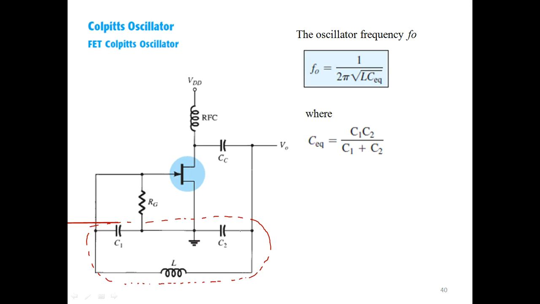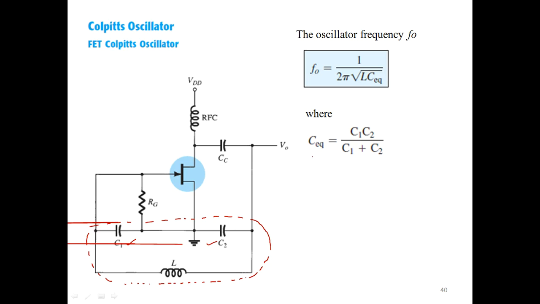So here we are using two capacitors and the center tap is between the capacitors, just to get the proper phase shift. Here also the process is the same. It is the ongoing process between the electric field and the magnetic field, between capacitors and the inductors.